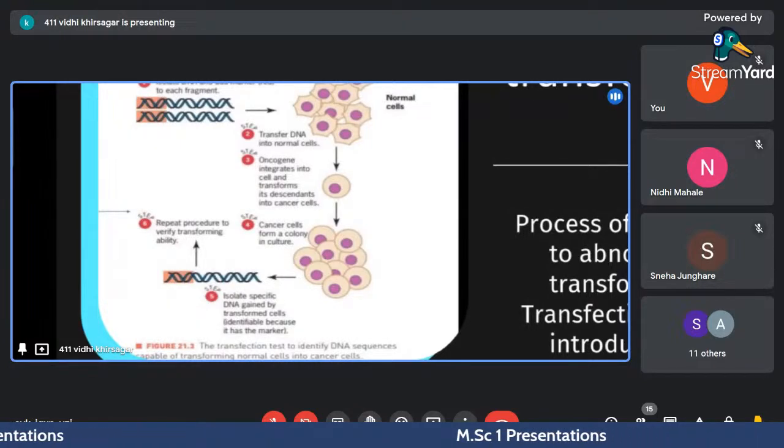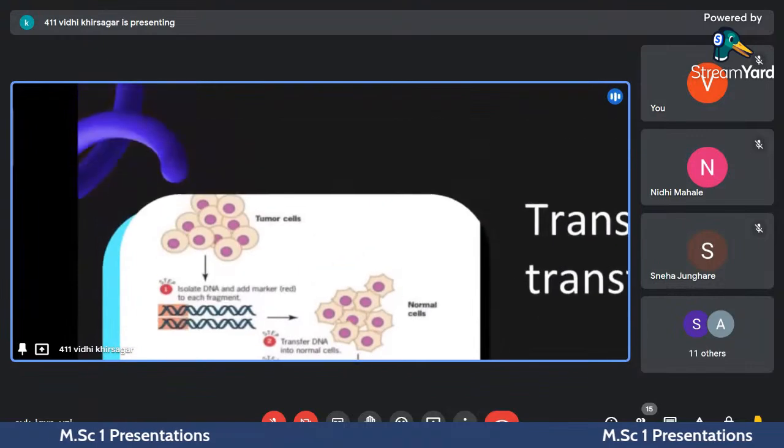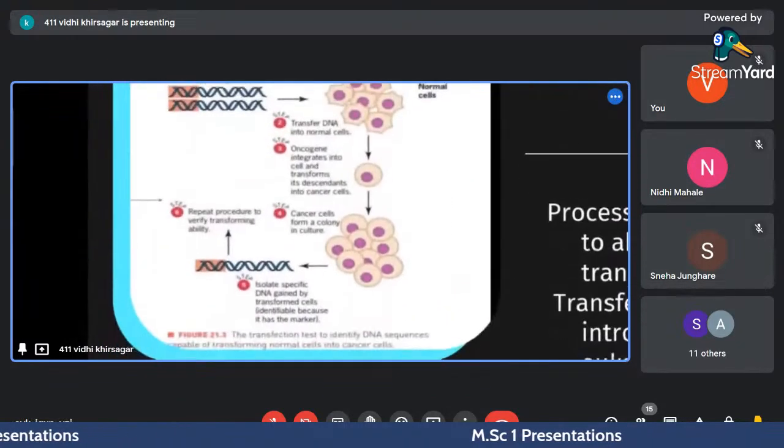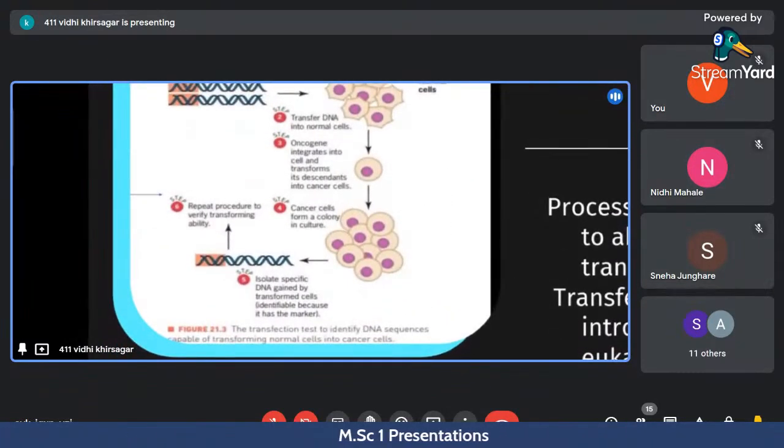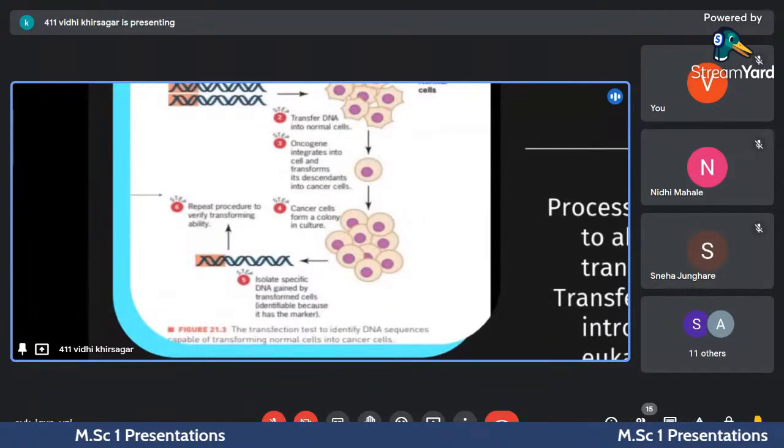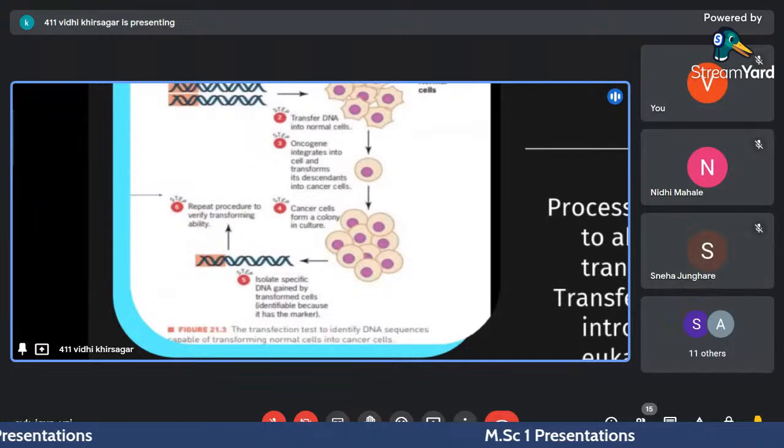Oncogenes were integrated into the cell and transformed the descendants into cancerous cells. Then the descendant cells were isolated and the colonies were observed. By the observation of the DNA of the descendant cells, it was observed that the oncogene was transferred from the primary cell to its progenies.